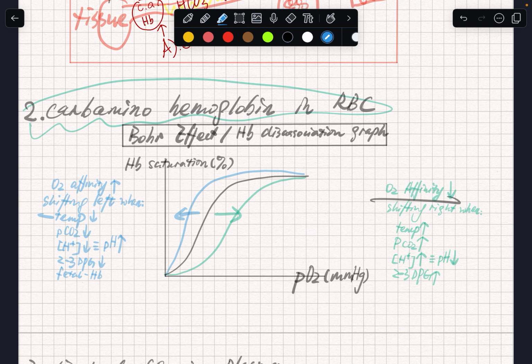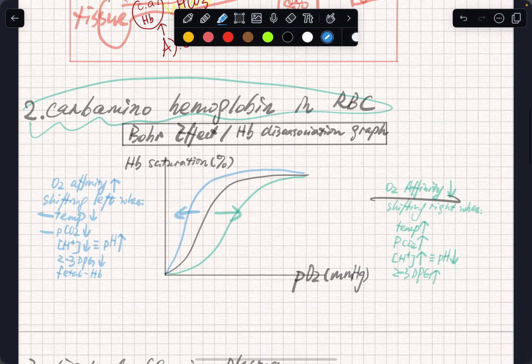Your temperature decreases, your CO2 level decreases, your proton level decreases, your pH level increases, this glycolysis intermediate decreases, and then the oxygen affinity would increase. Now you don't have the chance to do step 2, okay? And that's when the graph shifts to the left.